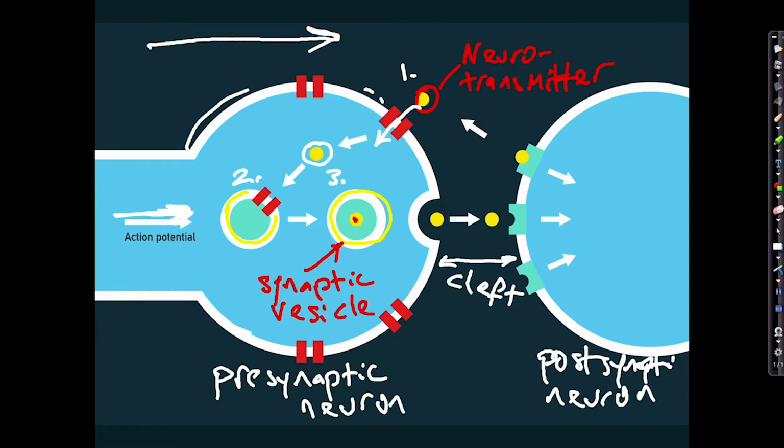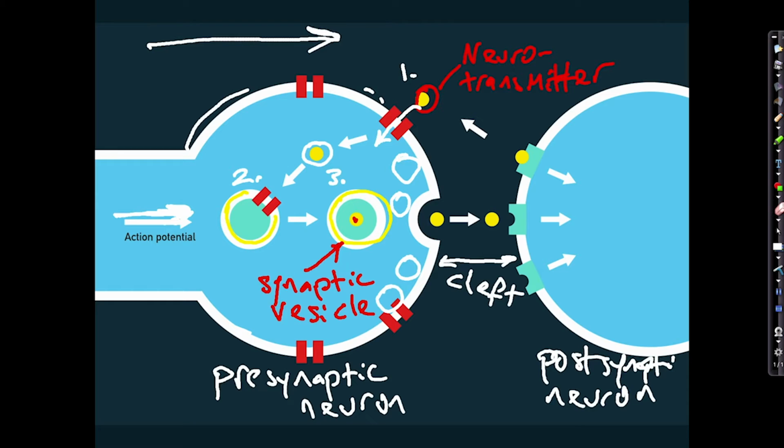There's normally a lot of these vesicles already very close to the membrane, like this, and they fuse with the membrane of the synaptic bouton.